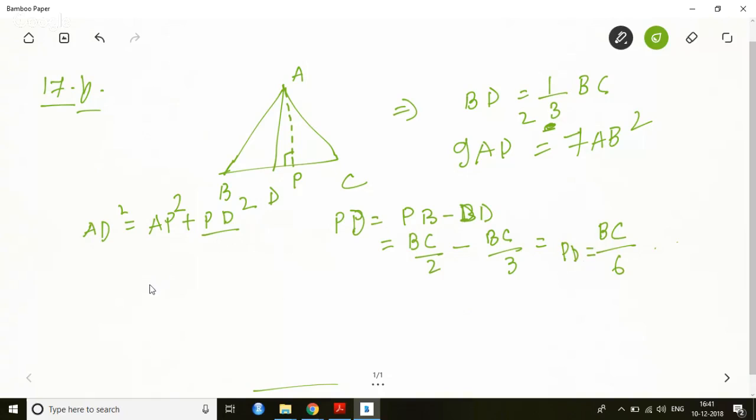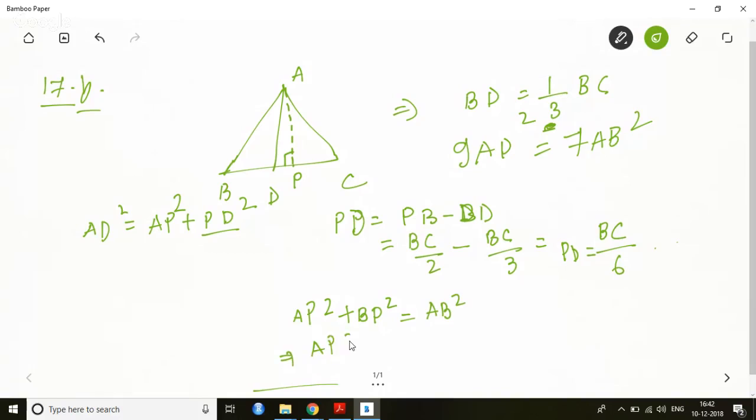And AP square plus BP square is equal to AB square.